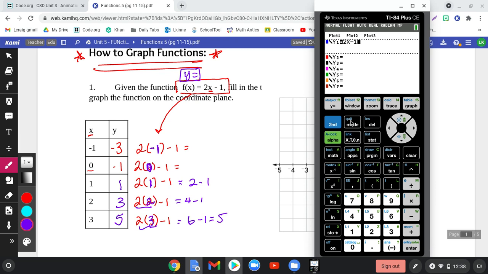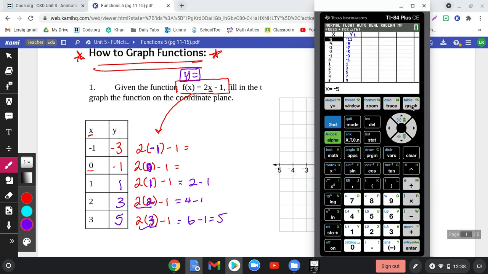Now when I look at my table, second graph, because table's up here in blue, find -1. Right here, -1 is -3. Oh, same thing. 0 is -1, 1 is 1, 2 is 3, 3 is 5. It's all those points without having to go through and do all the work.